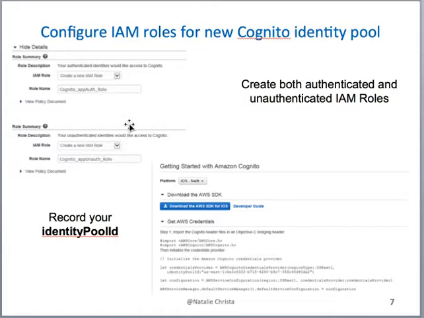After you create this Cognito identity pool, one thing to note is that you're going to want to record your identity pool ID. I was able to just see it within this code here, but there should be a button also at the top that lets you edit your identity pool, and that page will also direct you to where you can find your identity pool ID.